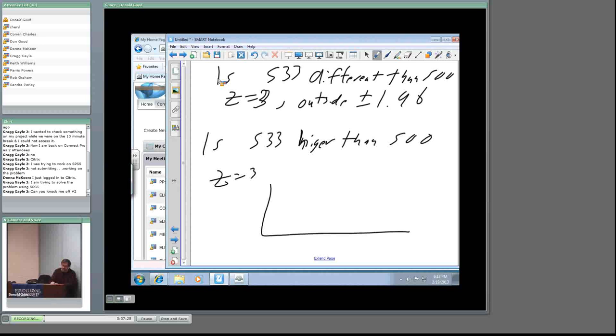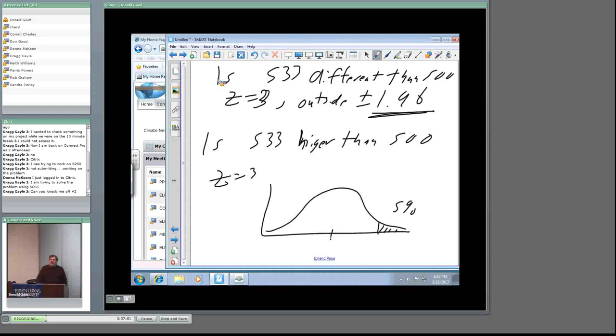I only care about the high side. I'm going to get the same answer because the number's strong enough, but I only care about the upper tail critical. That means all 5% is up there. My critical value for the just difference question, the non-directional question, was plus or minus 1.96.